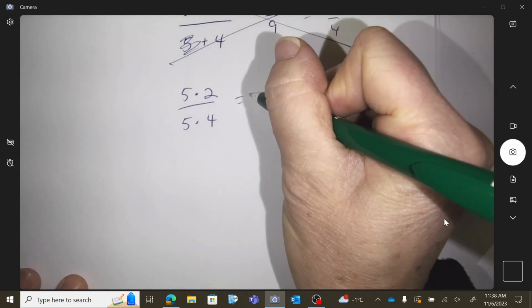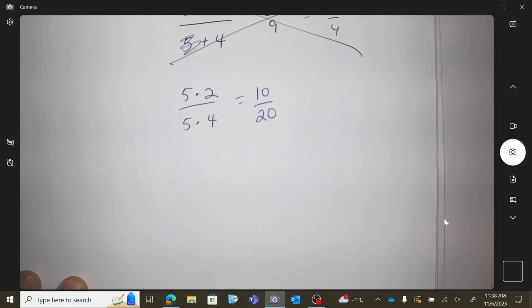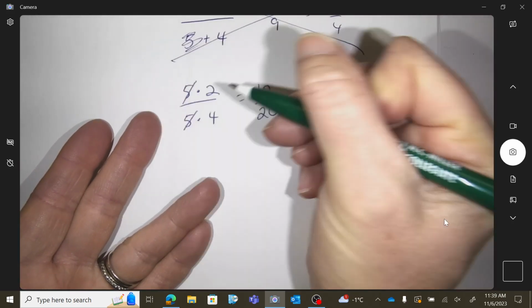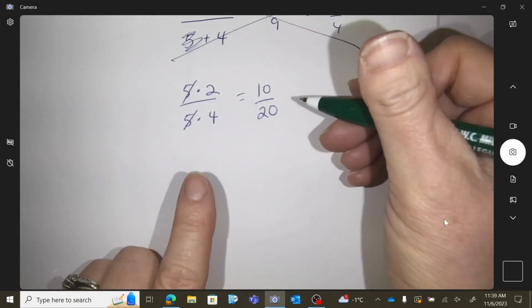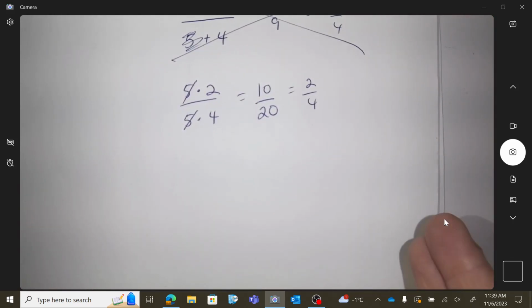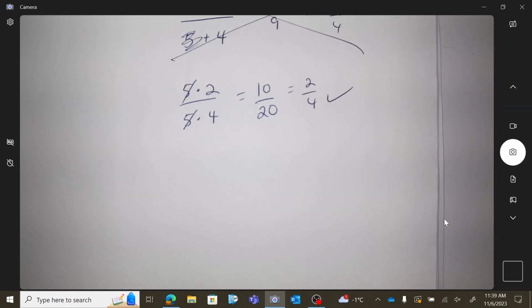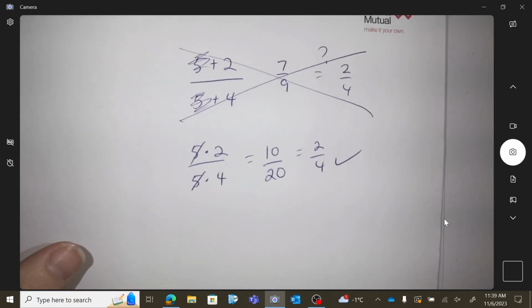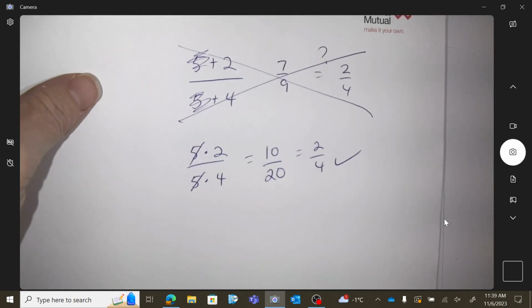This makes 10 over 20. These are multipliers. If I canceled multipliers and dividers, I get 2/4. Are those the same thing? Yes. Okay? Does that make sense to you? Do not cancel adders. Cancel multipliers. Okay? Number 1 mistake in this unit.